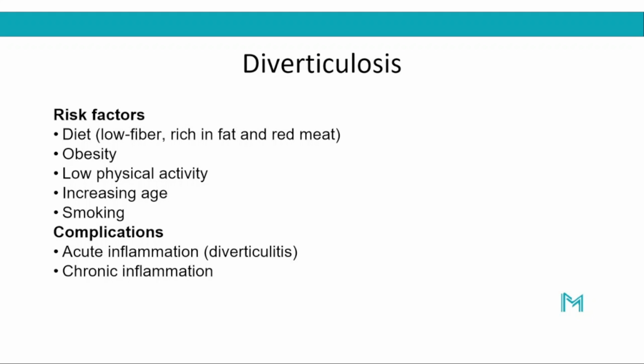Now, you don't go around investigating every patient. Most patients with diverticular disease are asymptomatic. So the ones who come to you requiring investigations are typically the ones who are symptomatic. So the investigation of symptomatic diverticular disease is colonoscopy.